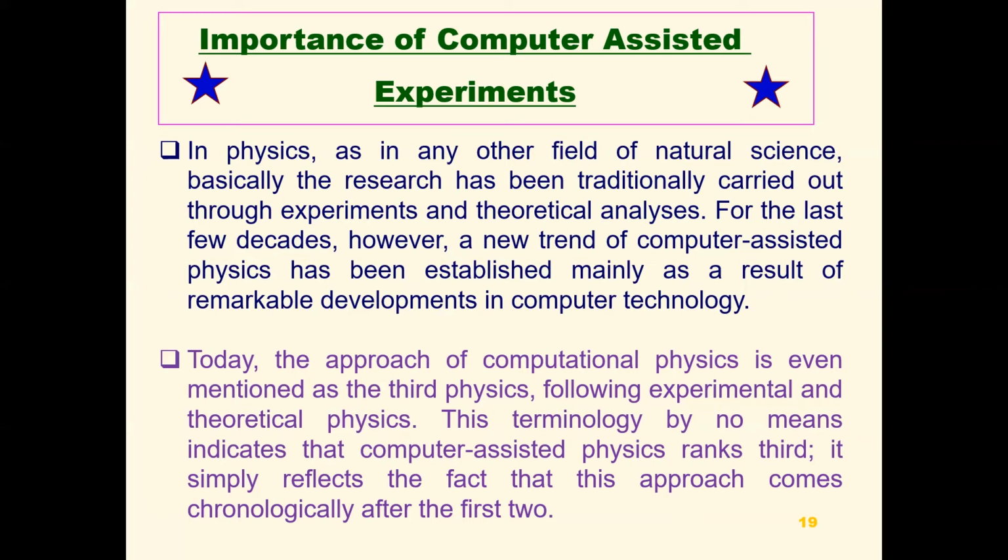Today, computational physics is even mentioned as the third physics, following experimental and theoretical physics. This terminology by no means indicates that computer-assisted physics ranks third. It simply reflects the fact that this approach comes chronologically after the first two.